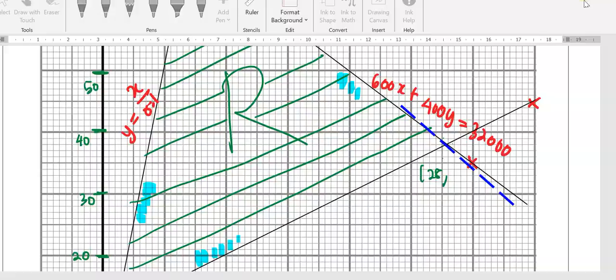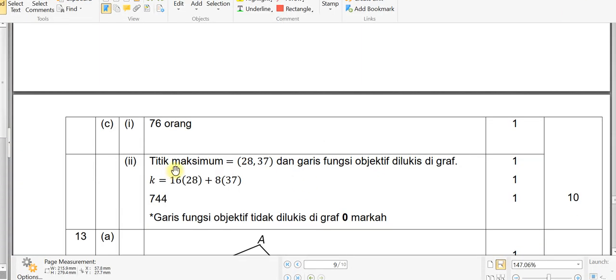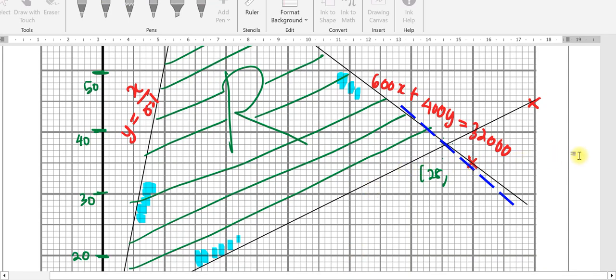Right. So this is the marking scheme. 28, 37 it seems. But then I'm not getting 37. Okay, as you can see my graph, I'm not getting 37. Rather I'm getting 28, 38.